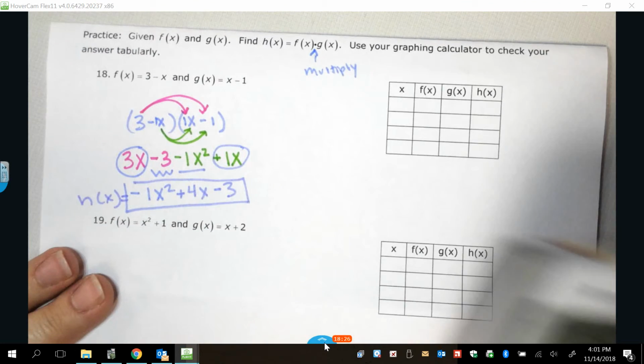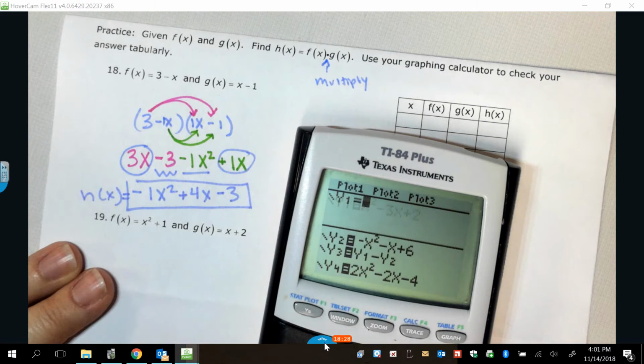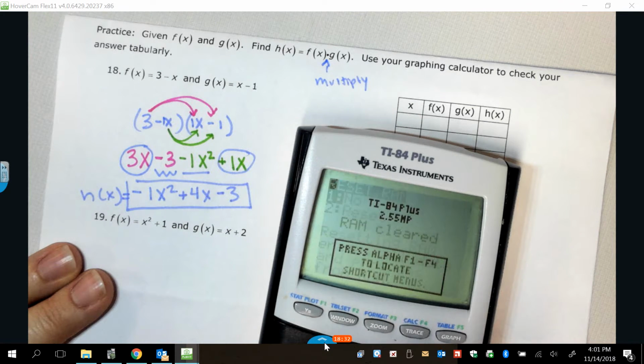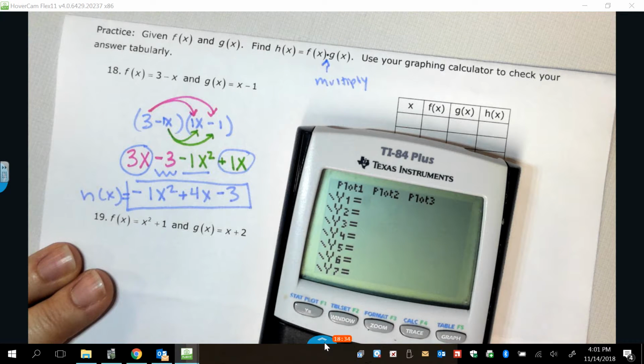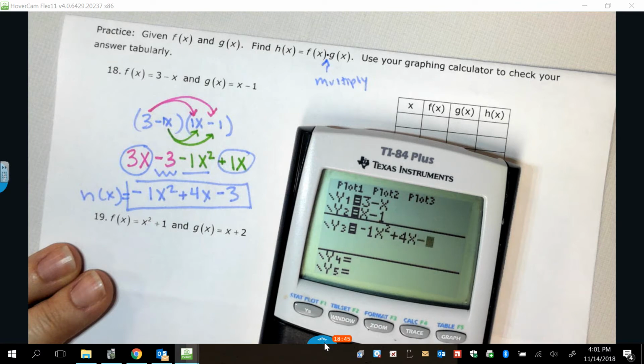So to check this, it's a little different. I'm going to type in my f of x, type in my g of x, and I'm going to type in the equation I got, negative 1x squared plus 4x minus 3.